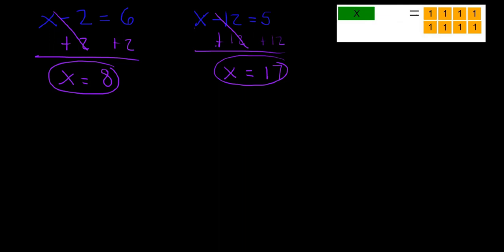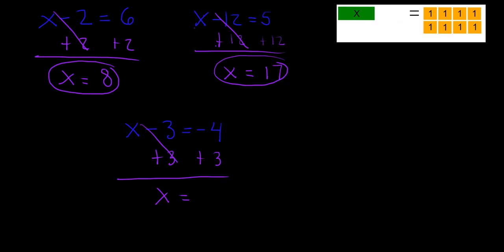Let's go ahead and try another example. x minus 3 is equal to negative 4. Okay? Now, what I'm going to do here in this situation is I'm going to add 3 and then I'm going to add 3. This cancels out to get x by itself.